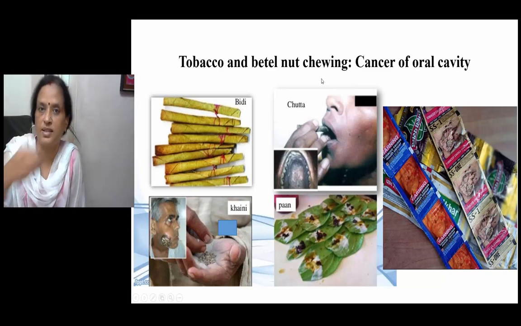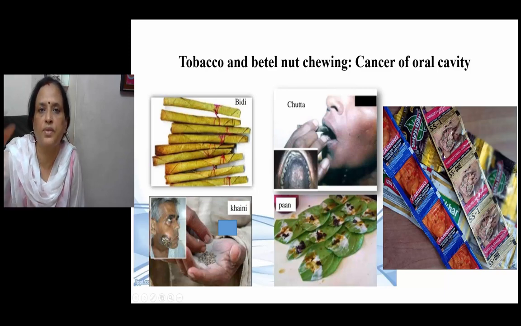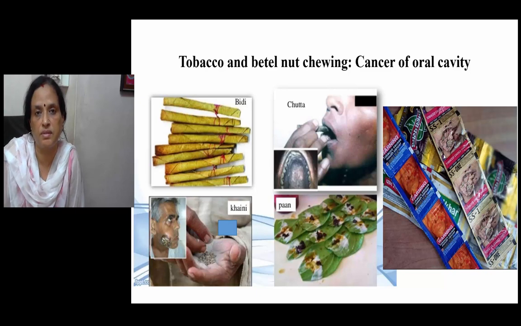So burning end is kept inside. These are etiological agents for carcinoma of the oral cavity. BD, cigarettes. You can see all this, all pan parag and all that. Nice, shining strips which probably decorate all the shops on the roadside when you see.